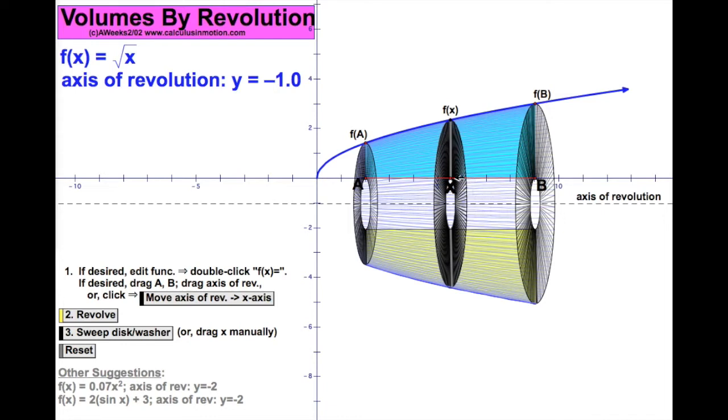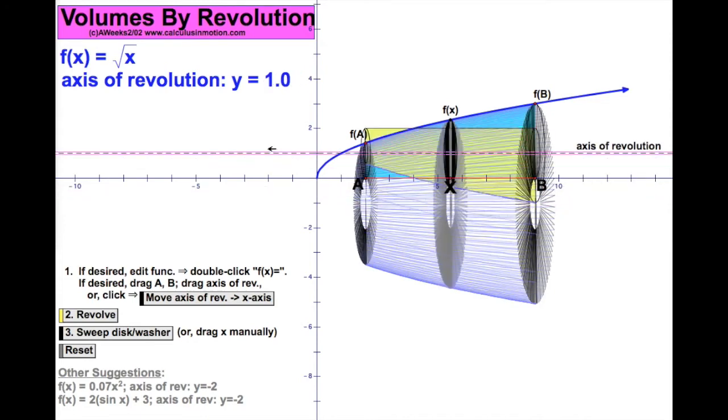The radius of the disk is not going to be f of x, it's going to be f of x plus 1, because I moved the axis to y equals -1. So the radius of each of these disks is actually f of x plus 1. So the formula would become pi times open parenthesis f of x plus 1 close parenthesis squared.